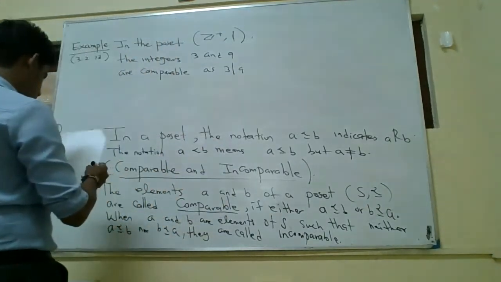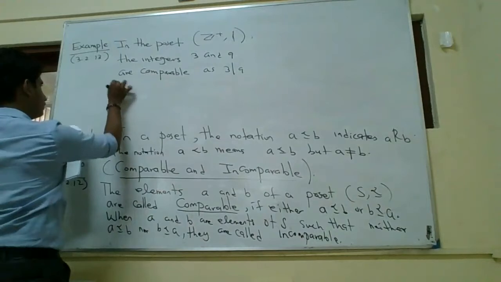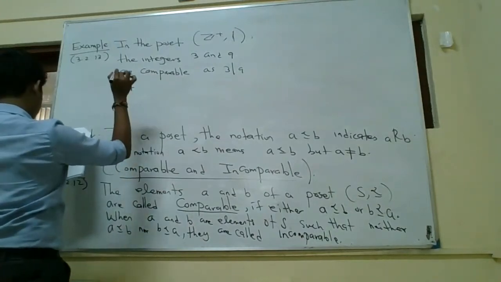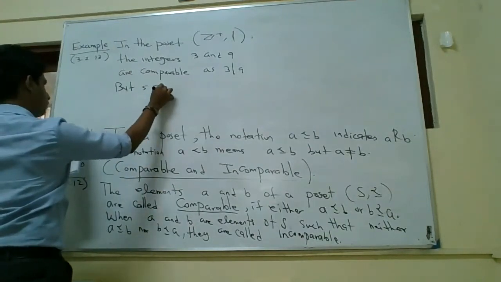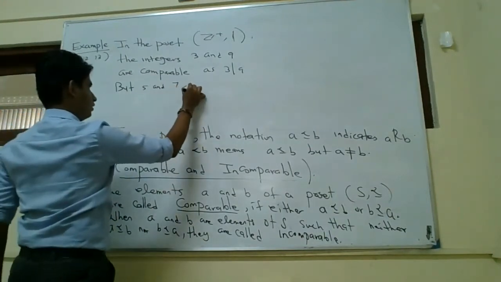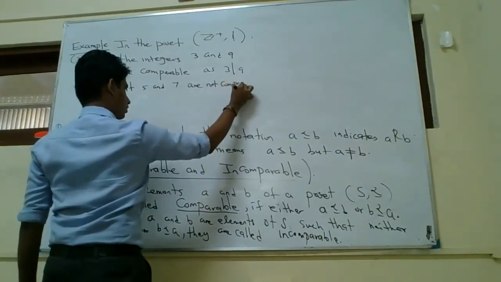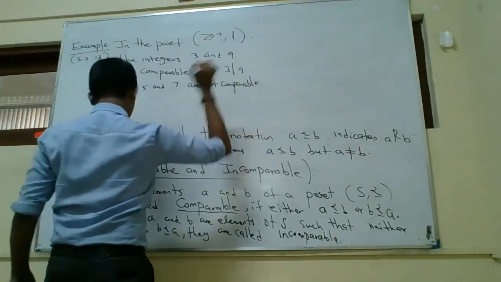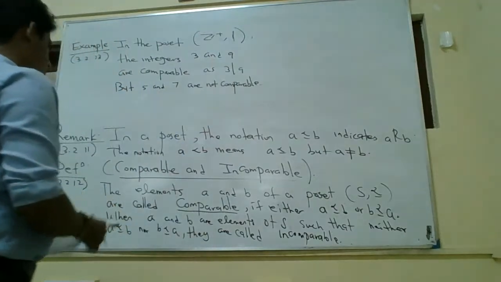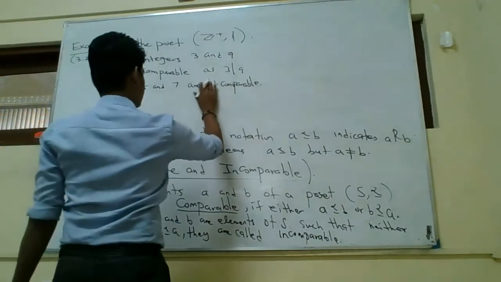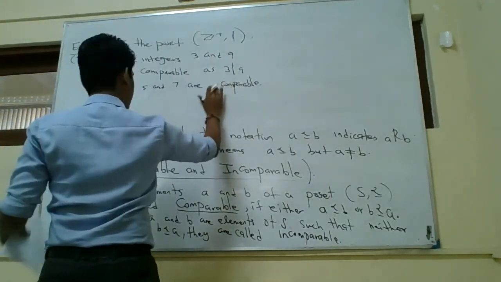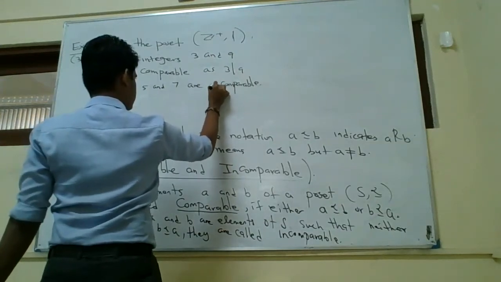What about this one? 5 and 7 are not comparable. 5 and 7 are incomparable.